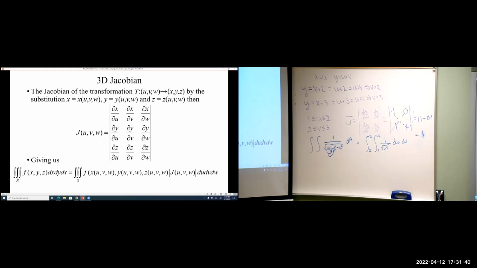Depending on what math class you're taking next, you might see the Jacobian again, because it is thought of as a rotational or transformational matrix. As we go from one region to the other, that's what accounts for that shifting. One of the things you can do with the Jacobian is morphing. If you think about taking one shape and morphing it into another shape, the Jacobian accounts for that movement.